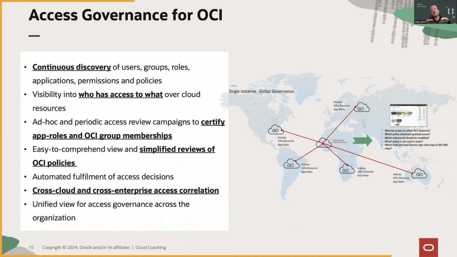This provides visibility about who has access to what on OCI, and you can perform, for instance, ad hoc or periodic access review campaigns in Oracle Access Governance, okay? Things like remediation of group memberships or OCI policy statements.